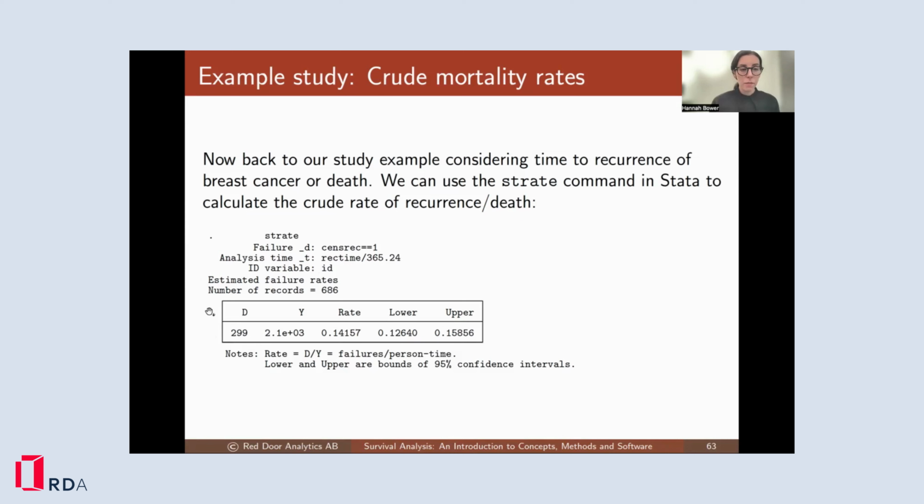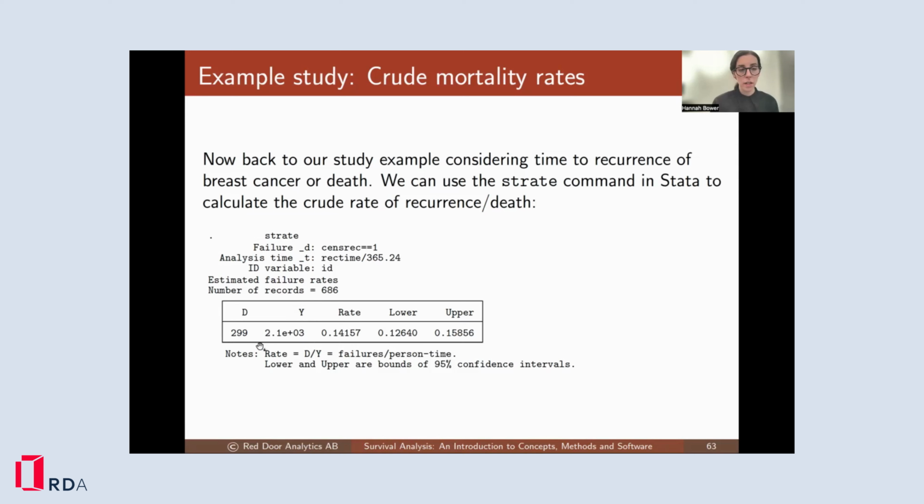So what we get out from this output is D here, which represents the number of events. We saw this previously when we had the sdset output. This was 299 occurrences of recurrence of breast cancer or deaths in our patient population. We have Y here, which represents our person time at risk. So this is person years here.